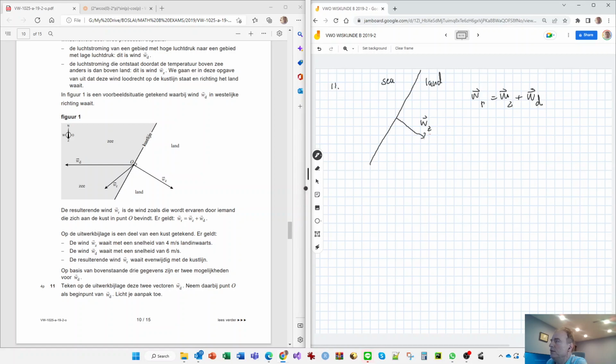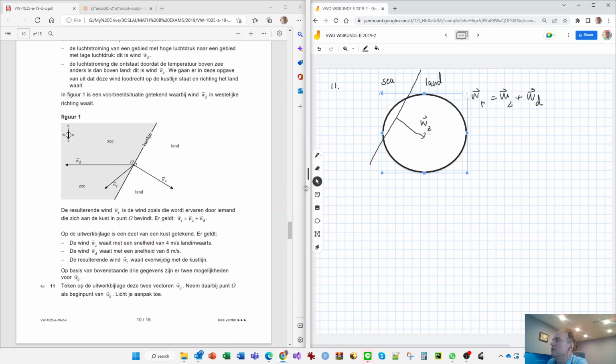And this is 4 and 6, so all these factors that are possible will end up on a circle. So let's draw a circle, maybe a little bit smaller, with the center the head of the WZ factor.